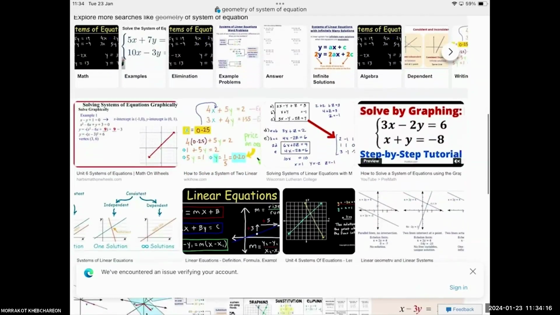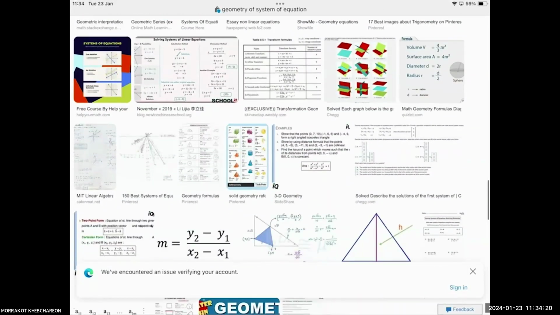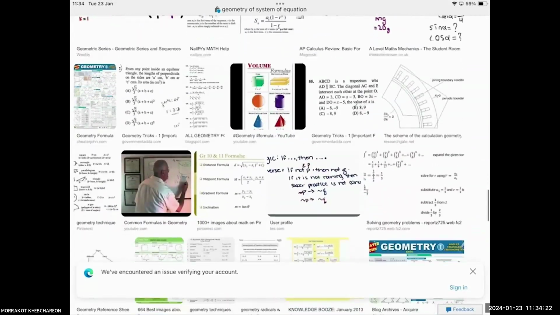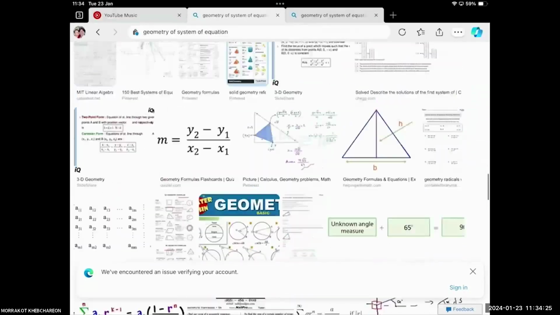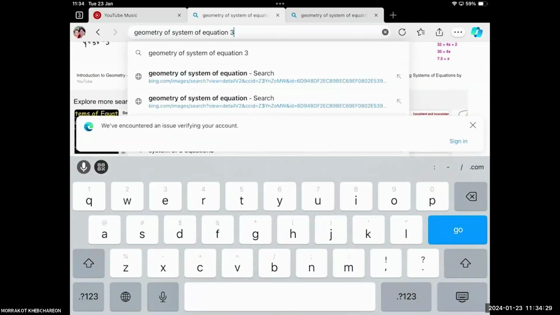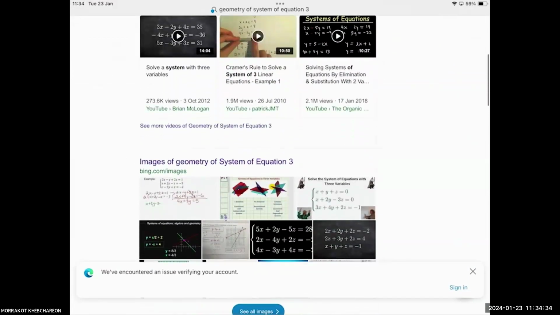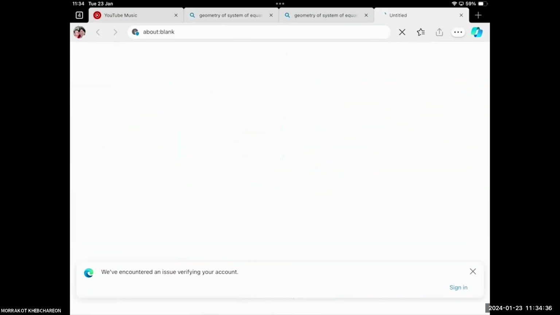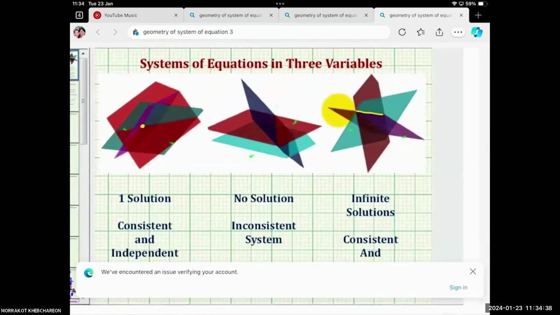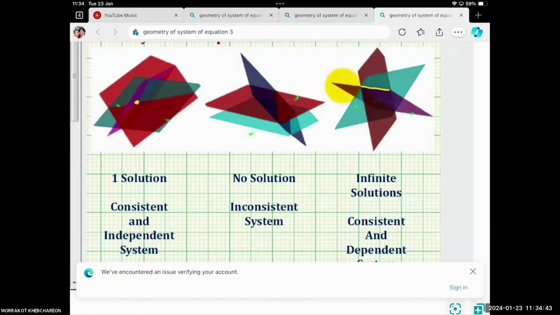If you think about 3 equations and 3 unknowns, this is the picture, okay? I cannot draw this, but I want to show you the first one.